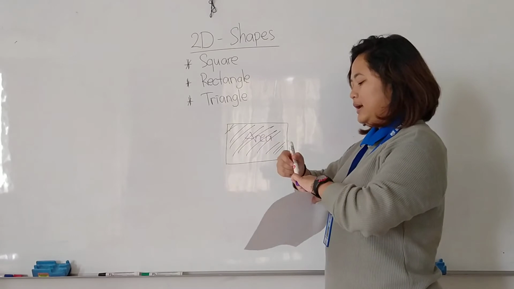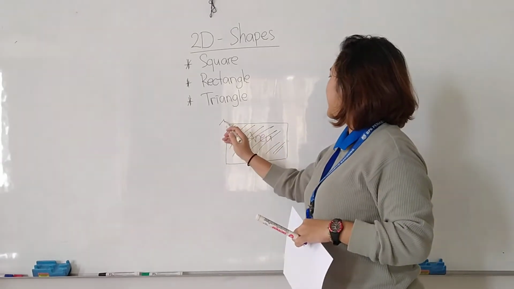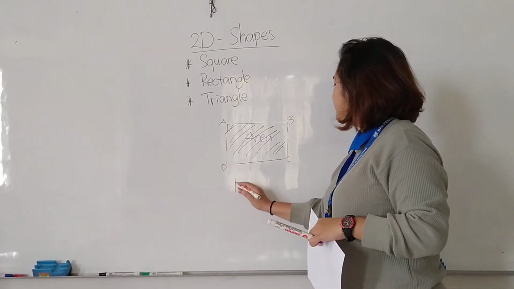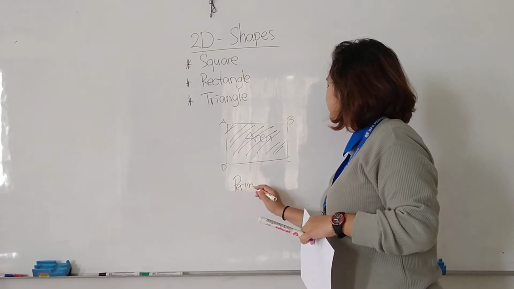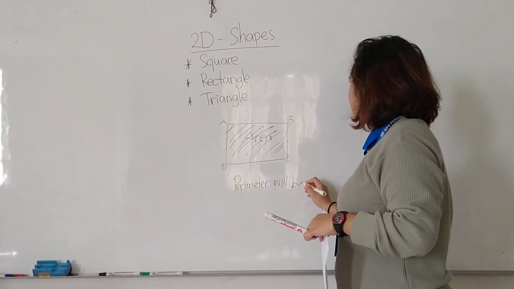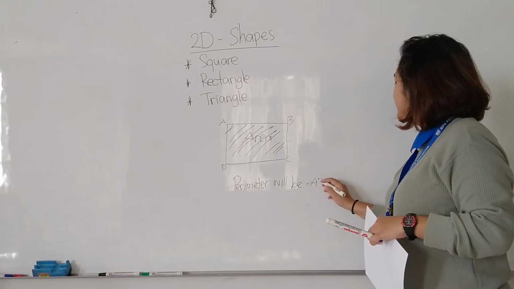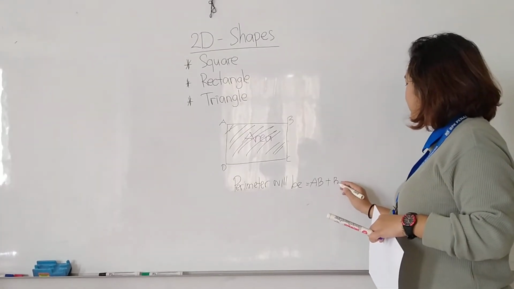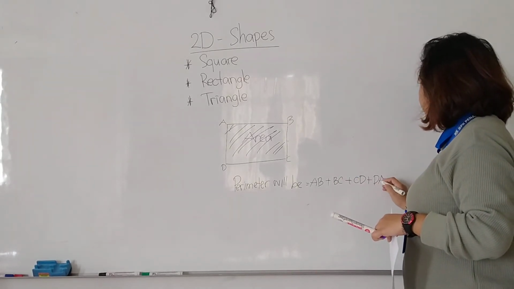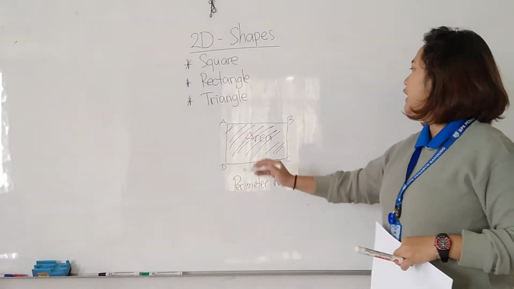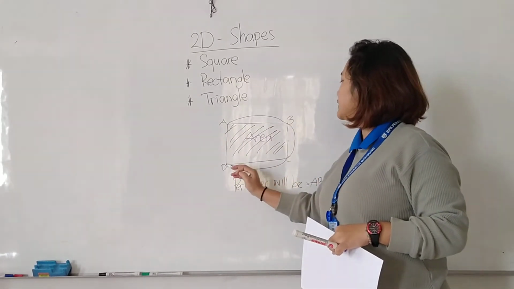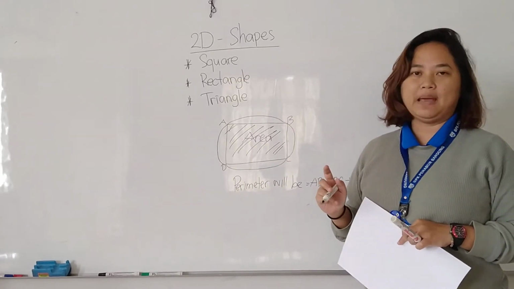But if I have... will be the perimeter. So the length that you need to go one round of these figures or shapes, that one is the perimeter.